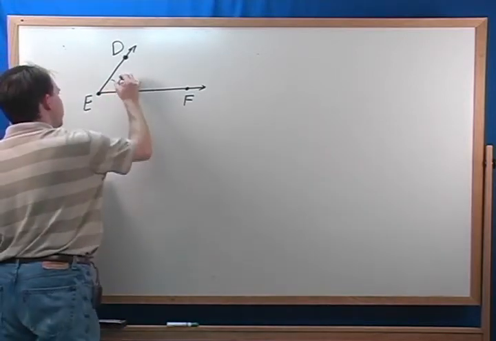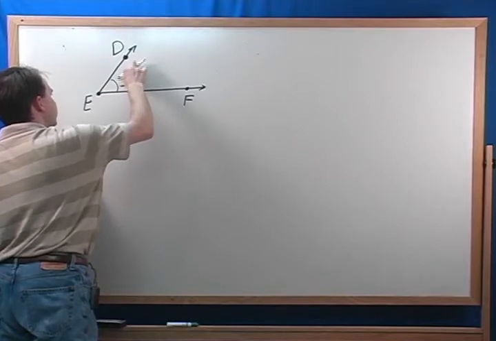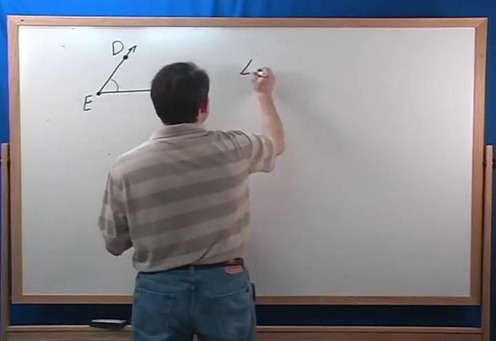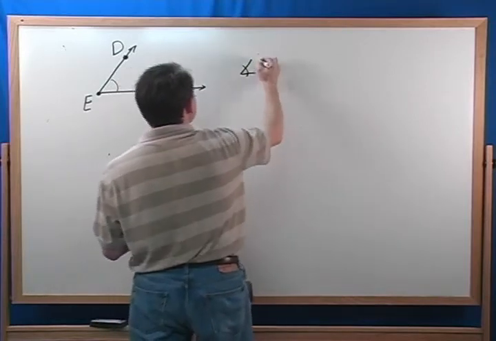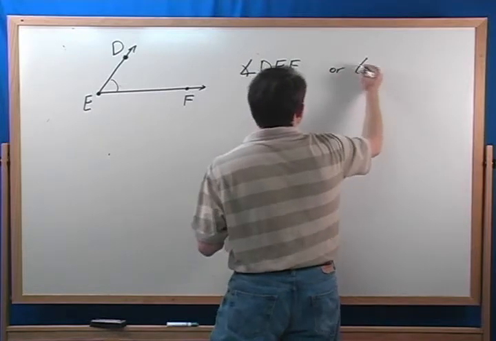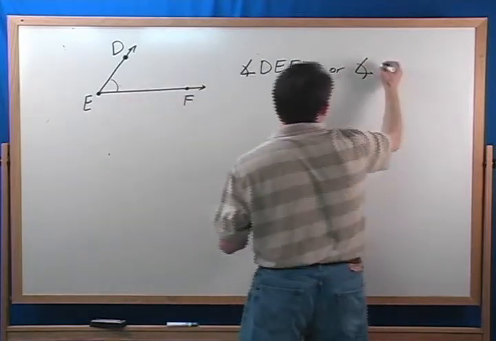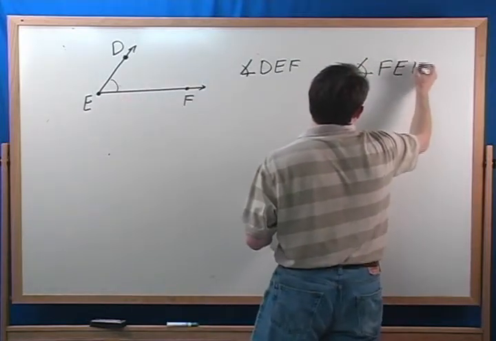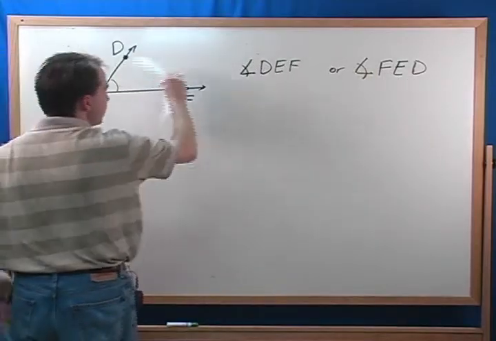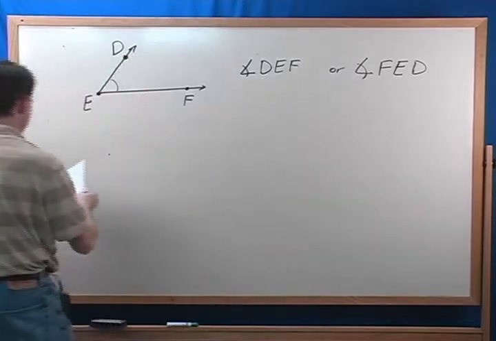This angle, by the way, is right here in the middle. That's what this little symbol means here. So you would write that down on your paper as angle DEF or angle FED. So you just go around the edges like this. DEF, FED. As long as E is in the middle, you're okay.